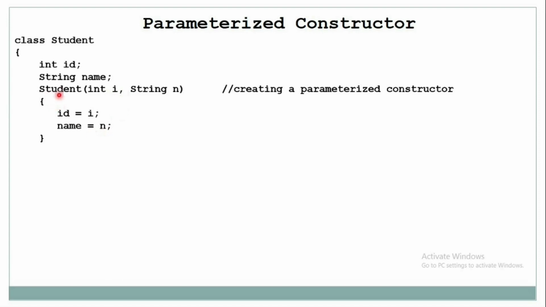As you can see, this constructor name is the same as the class name, and in order to call this constructor, I need to create an object. So for that I need to create a main function. Before that I'll have a method called display, which displays the values of the instance variables, that is id and name.